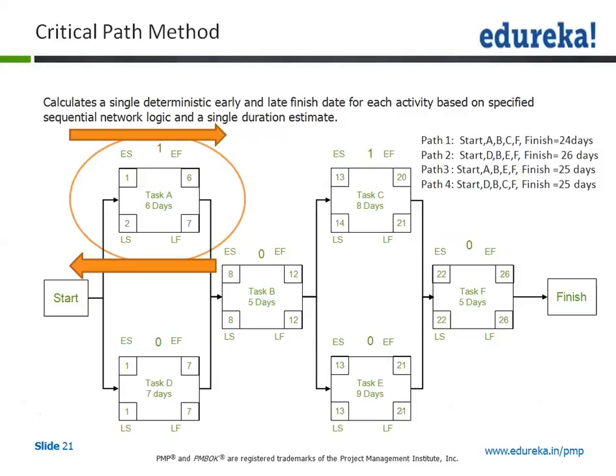So my start time and end time of the project would be defined by the critical path. The point to note is that the path is critical because any delay on the activities on a critical path would lead to a delay in the overall project.